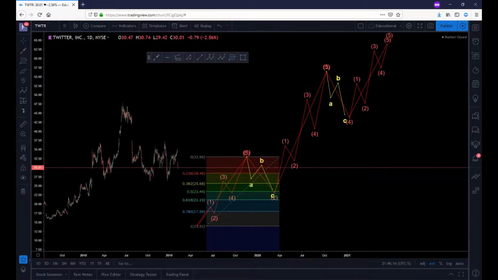Very rarely lower than that. And you will see that wave 2 will never go below the origin of wave 1.